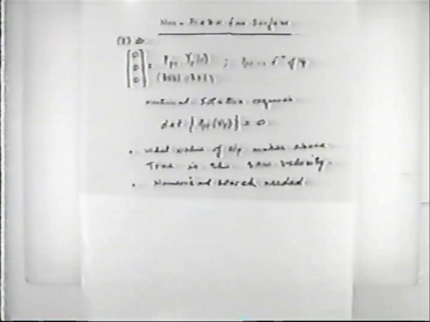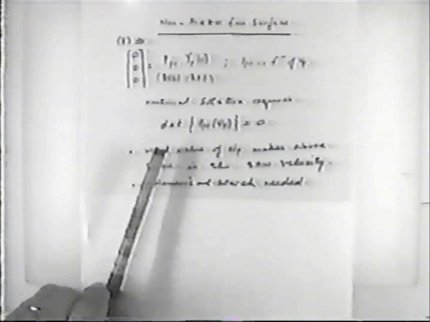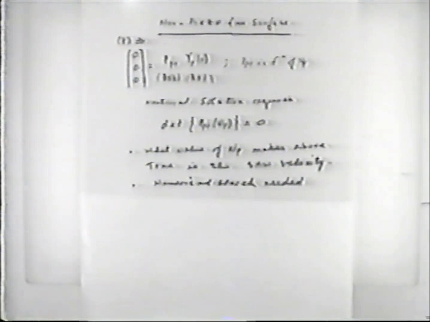And so since the A matrix is a function of v sub p, the phase velocity, its eigenvectors are functions of the phase velocity, and finding the solution to the surface wave problem is asking yourself, or computing, what is the value of v sub p that will make this determinant vanish. Now that's a simple surface problem, and we use a numerical search in order to do that.